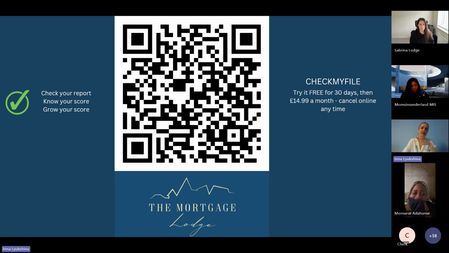Now, the main thing to remember, just like with Experian, if you ever used it: once you register with Check My File, you will be given an opportunity to use this version for free for 30 days, but then you'll be charged $14.99. So you don't have to wait for 30 days to be charged. Just generate a copy of your credit report, save it as a PDF file, and cancel your membership within 30 days. You can keep it open. That's absolutely fine. It's up to you how you want to do it.